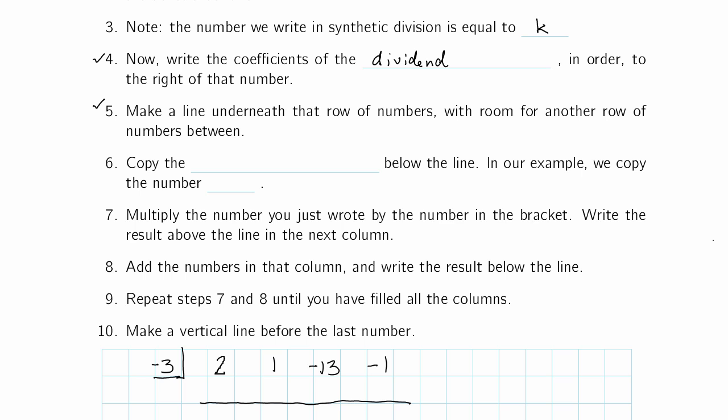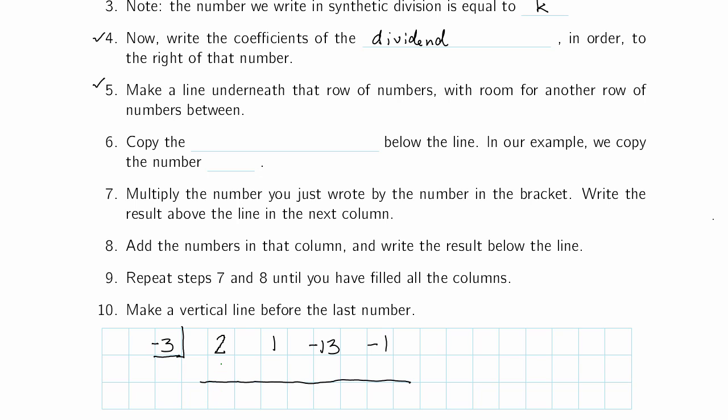In order to get the synthetic division process started, now we copy our first coefficient below the line. In our example, this is the number 2. And now we're ready for the main loop of synthetic division.